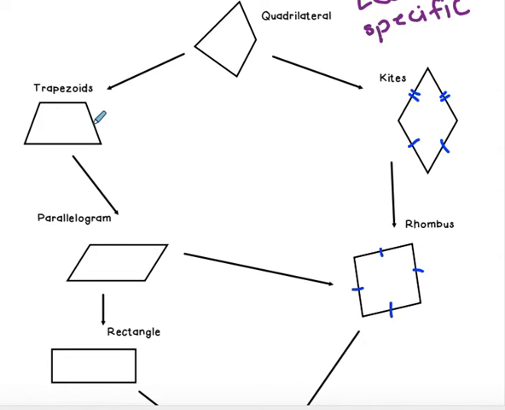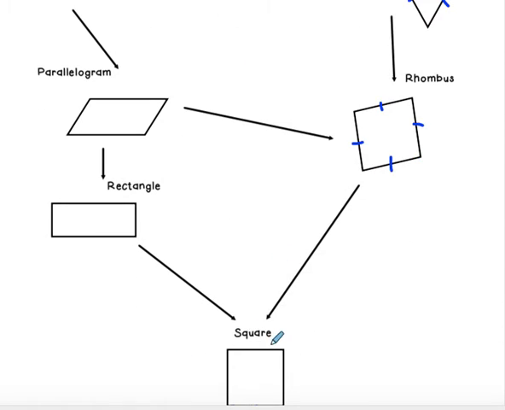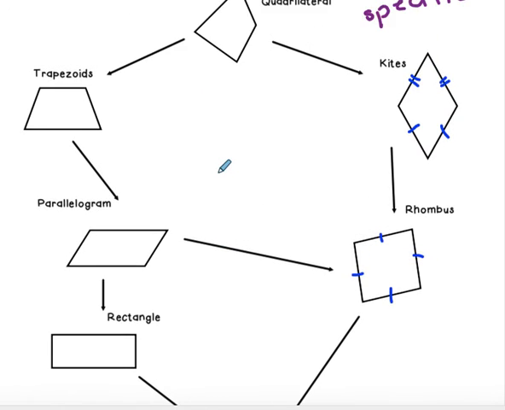Same thing over here. If you have a trapezoid with two pairs of parallel sides now, you have a parallelogram. If you follow the arrows through here, we're going from least specific up here to most specific down here. So really a square would fall into every other category on this hierarchy.